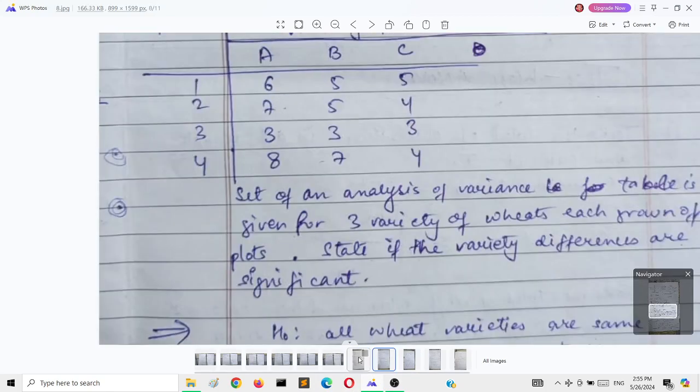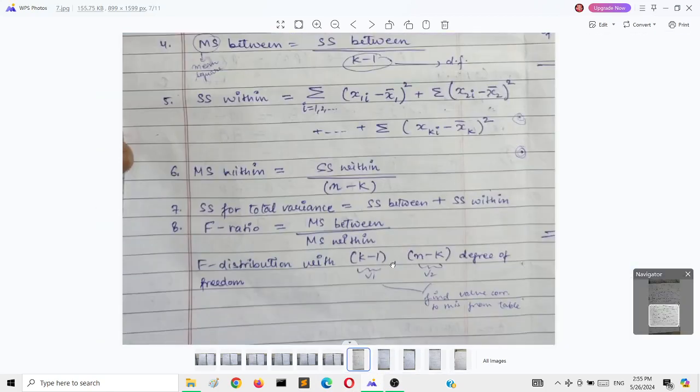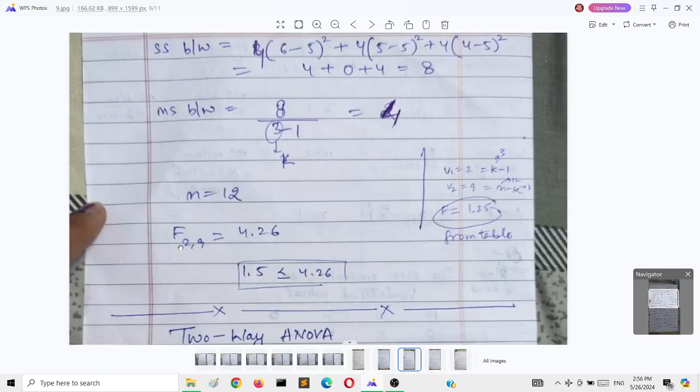Now you need two parameters to look into the table for the F distribution critical value. Here k is 3 because 3 samples were taken, so 3 minus 1 comes out to be 2, and n minus k is 12 minus 3, that's 9. So we look into the table for the parameters 2 comma 9. F 2 comma 9 comes out to be 4.26, the value from the table, and the calculated F ratio is 1.25.